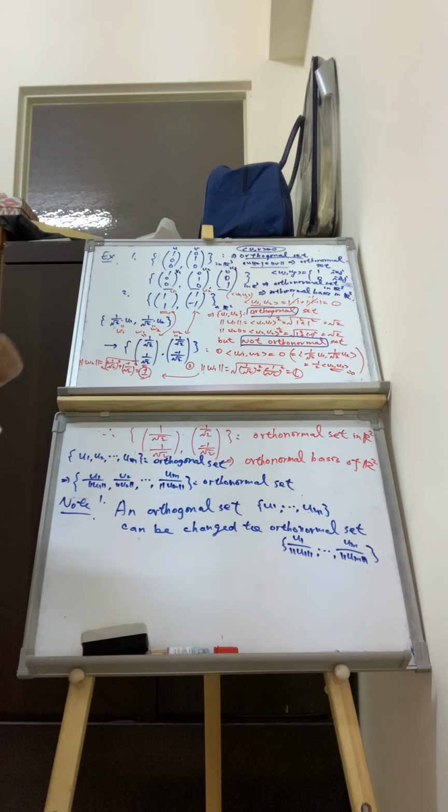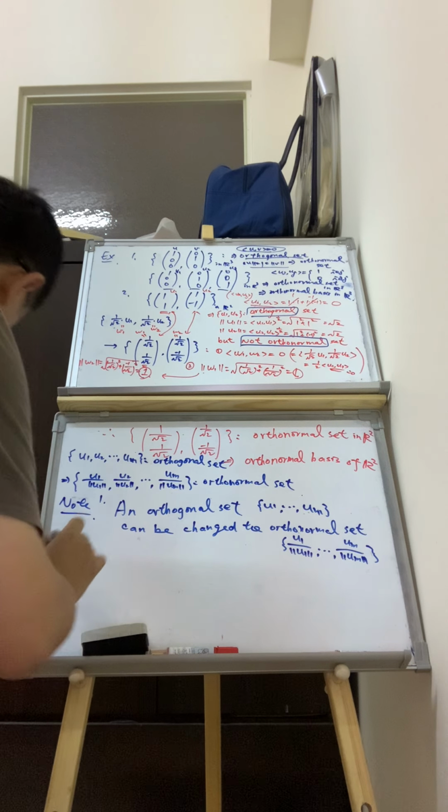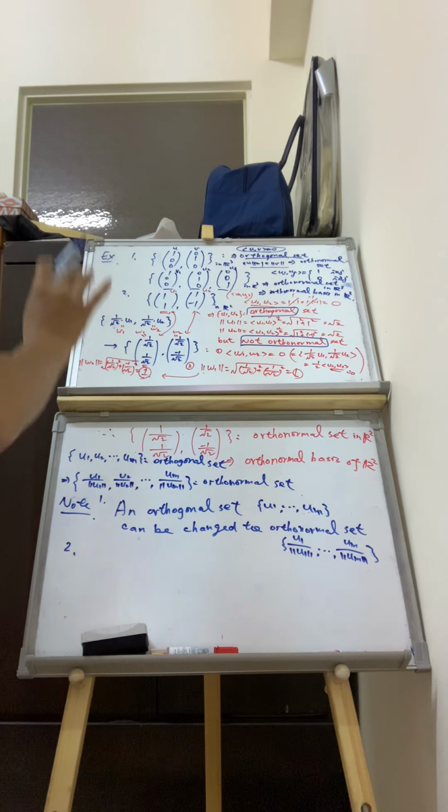It's the last section in chapter 5. Get the orthogonal set and divide by its length to get an orthonormal set. It's what we want, in the next section.